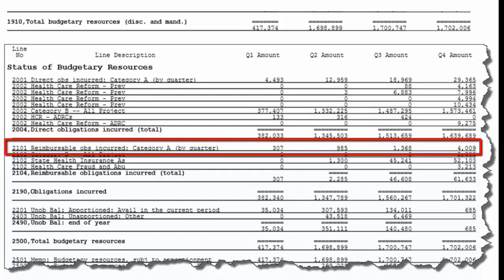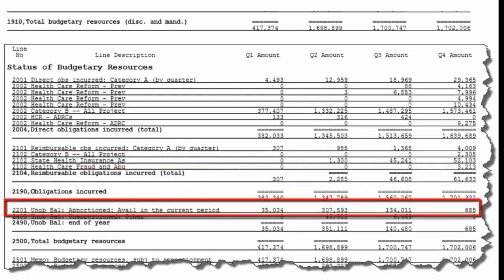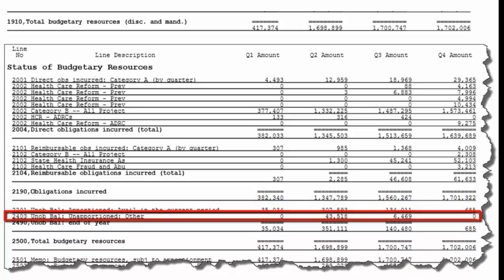Line 2101 reflects Category A reimbursable obligations, and 2102 represents Category B reimbursable obligations for several activities. In the unobligated balance lines, we see line 2201, which reflects unobligated amounts by quarter. The fourth quarter amount represents the expired balance or lapsed amount.